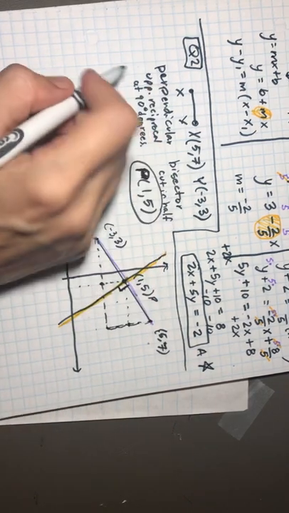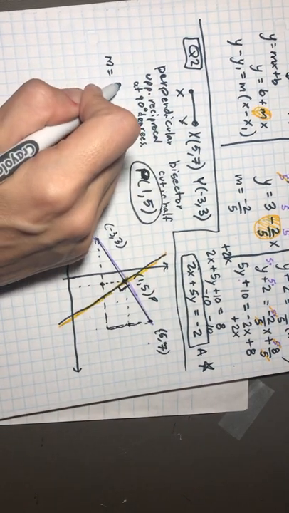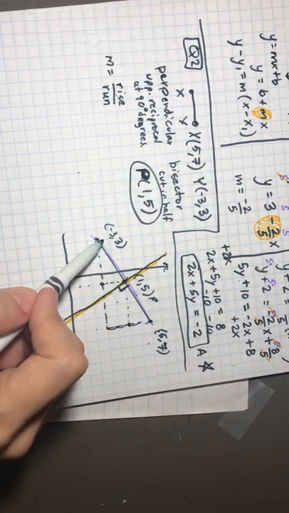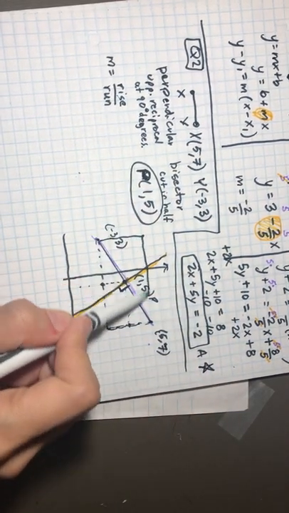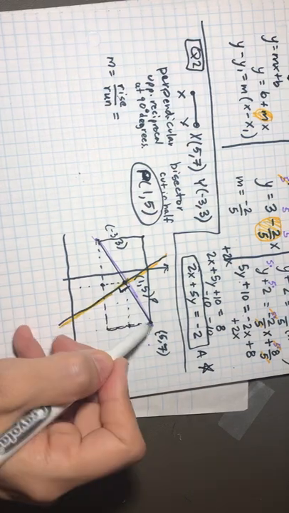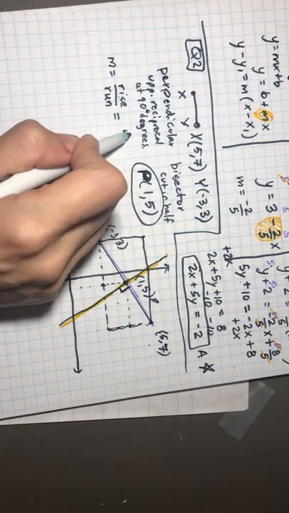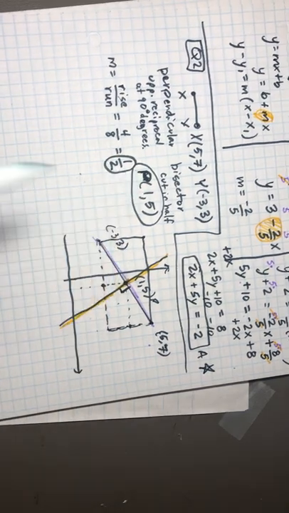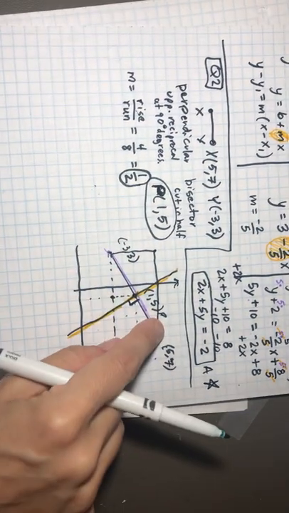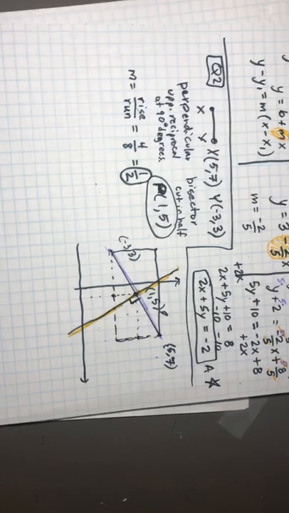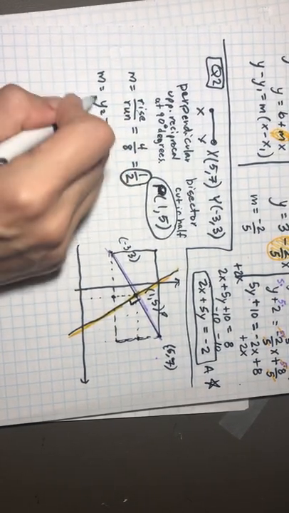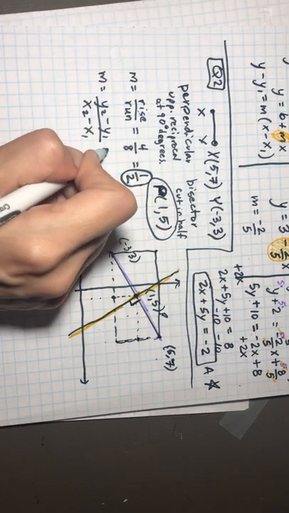To find a slope, it's merely rise over run, right? So if you graphed it, you notice we rose 4, we ran 8. So the slope of the purple line is rise 4, run 8, 1/2. Now, if you didn't graph it, you could have used this formula from back in Algebra 1, y2 minus y1 over x2 minus x1.